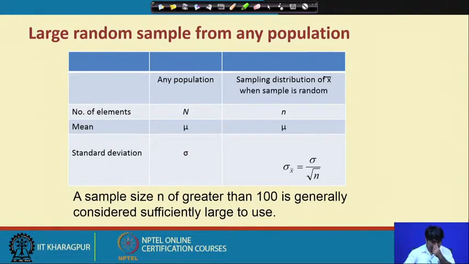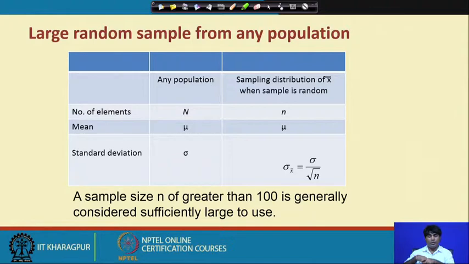So here again it is the same thing, a question of population to sampling distribution. In the case of a sample, the parameters are recognized as small n and mu, and in the case of the population, the parameters are capital N and again mu.